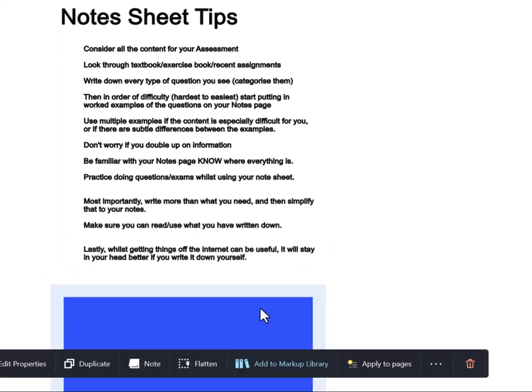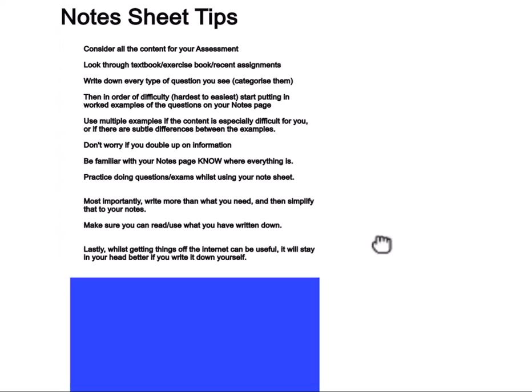And I think the last bit of advice, whilst getting things off the internet can be useful, you do need to verify that the information is accurate. It will stay in your head better if you write it down yourself. So maybe the best information I can give, once you have followed those other tips, is to make sure you write your cheat sheet.